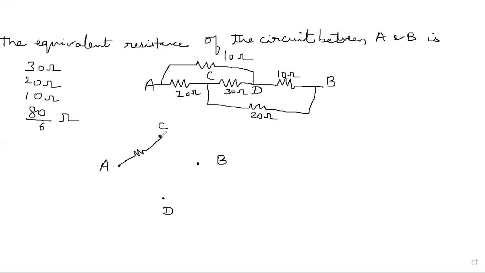Again from C to D you have one more resistor. D to B you have one more resistor. Next from D to C you have one more. B to C you have one more resistor. A to D you have one resistor.